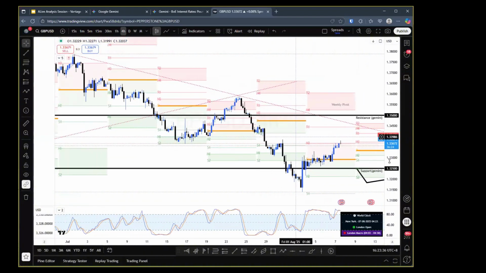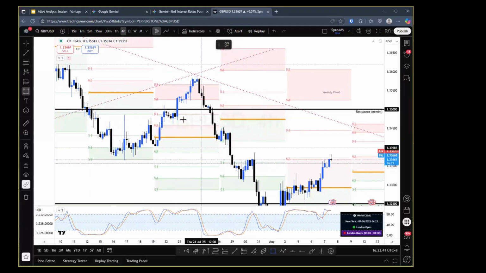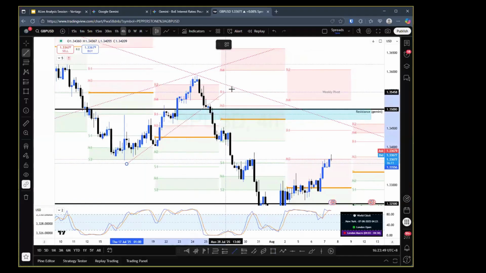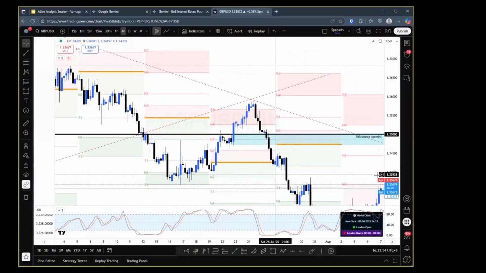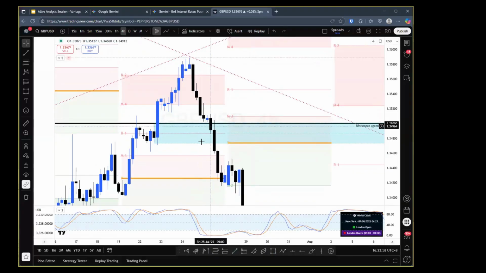Okay, really looking closely at this brick here. Very key for us here, because this was where if you were a buyer, you would continue this buy here, right? So this was the small group of buyers coming in. And as it comes into this level, it cuts right through.